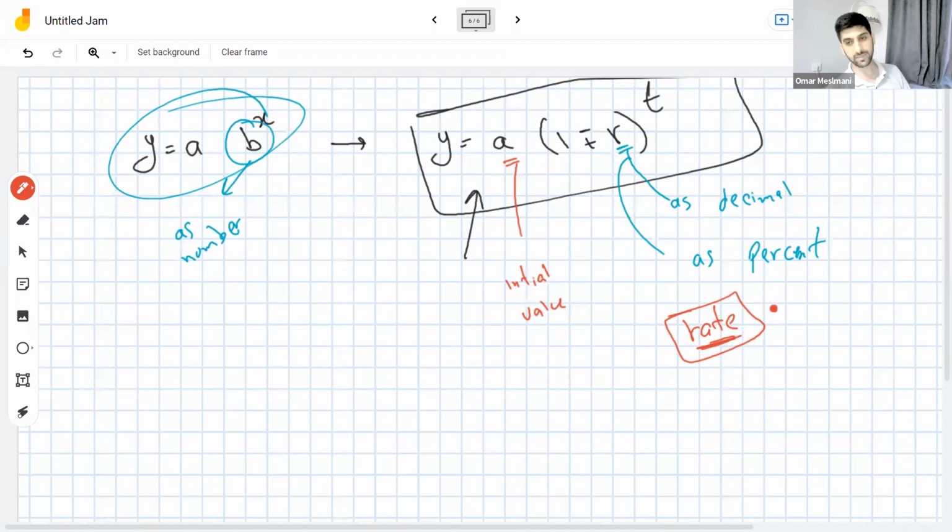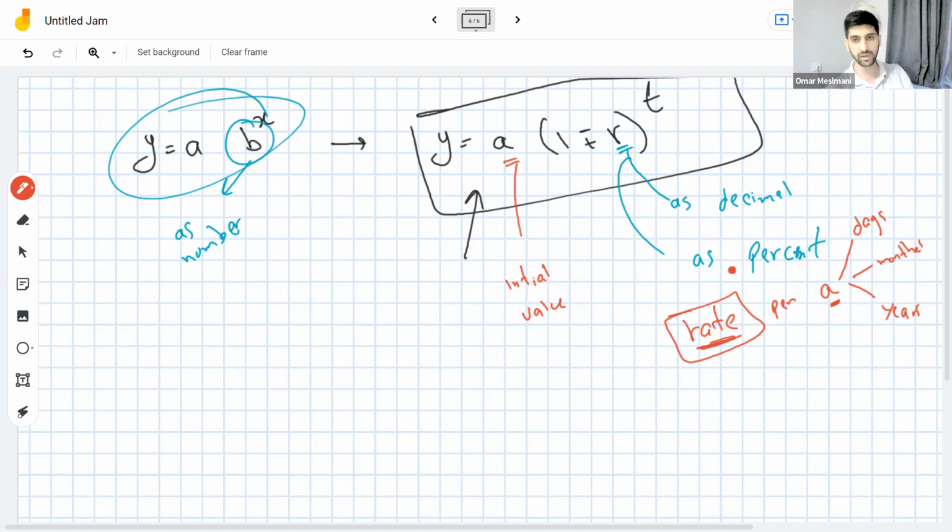So the rate is going to be per something, per A. And A could be days, months, years, half days, semi-annual, annual, hours, minutes. I don't care, just a time unit. This is so important.